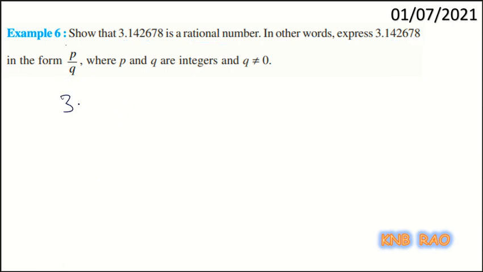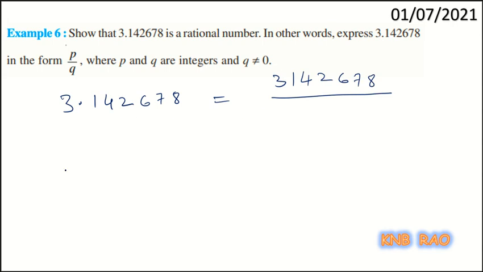So 3.142678, that means I have to write this number 3.142678 upon 10 raised to the power 6, which means I have to write 1 beside 6 zeros. So this is the P by Q form of this number.